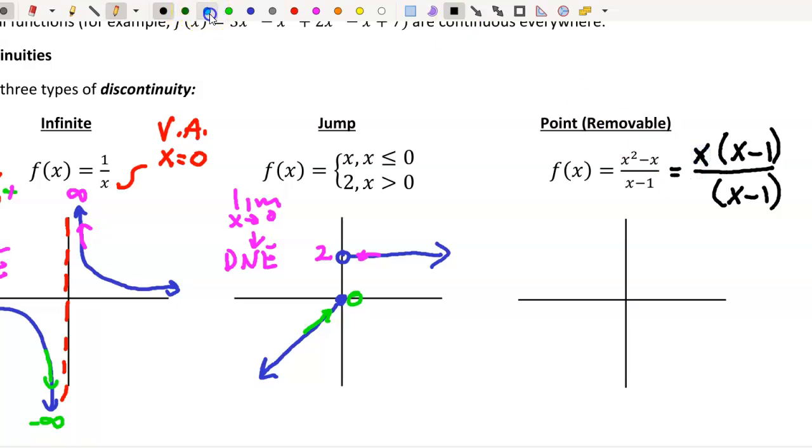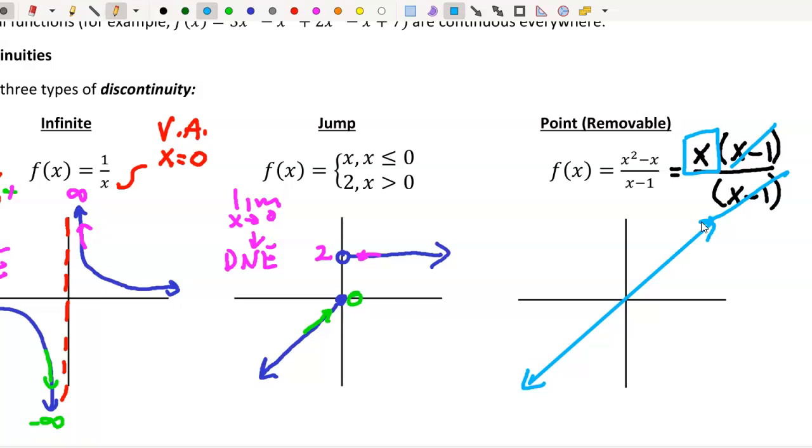So here we do have x minus 1 canceling out. So that's why if you graph this, it just appears to be y equals x, just a nice straight line going through there. So if you put that in decimals, that's probably what showed up.